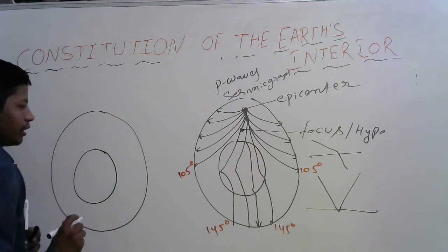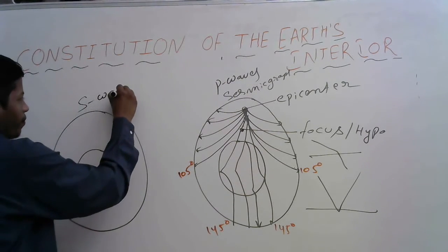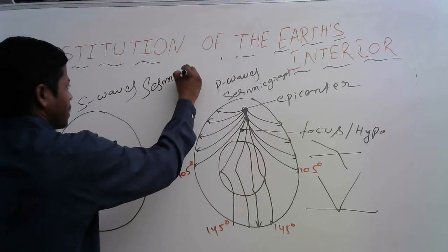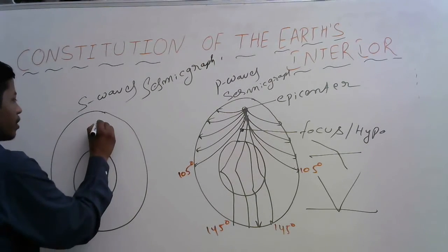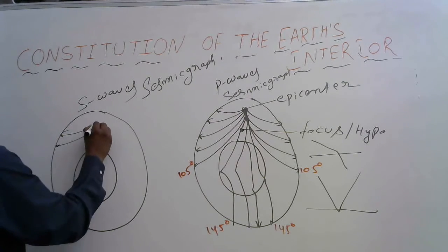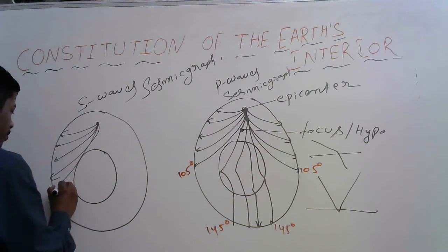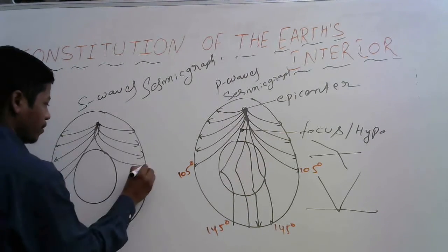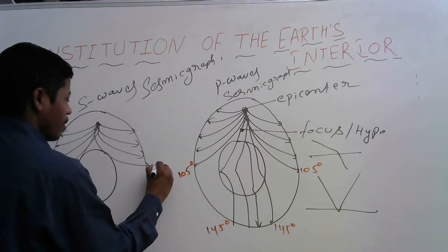This is the earth's core. Now the S wave seismic graph. The earthquake is at the epicenter, and we draw lines from it.